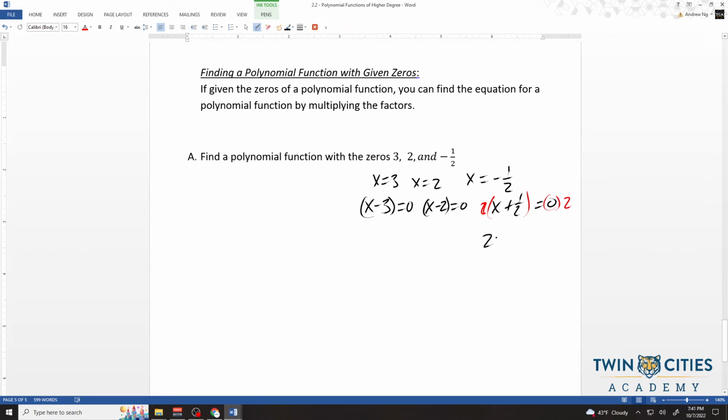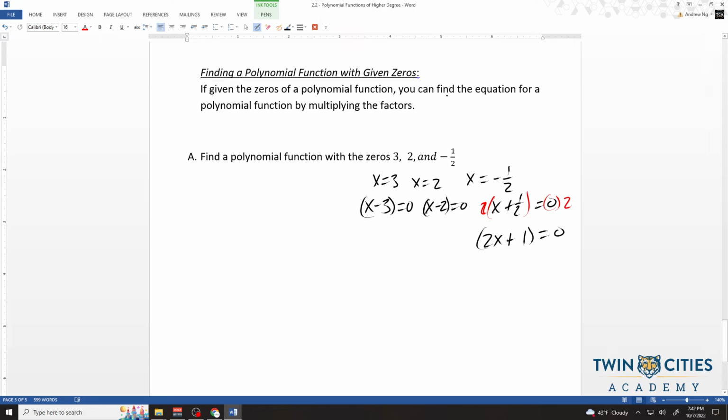This is going to be 2x plus 1, because the 2 times the 1 is going to make 2 over 2. And of course, 0 times 2 is 0. So I could say 2x plus 1 equals 0, so my factor would be 2x plus 1. All right, these are my factors, x minus 3, x minus 2, and 2x plus 1.